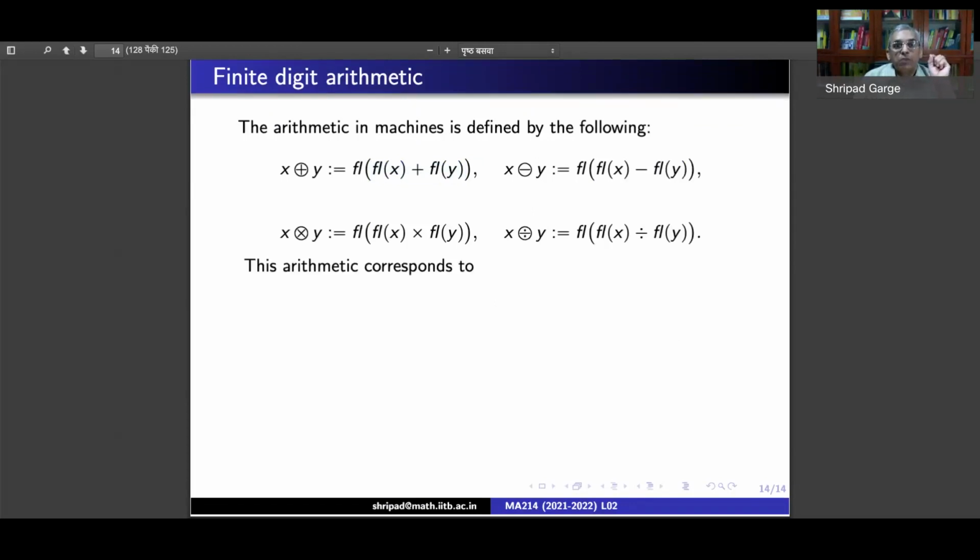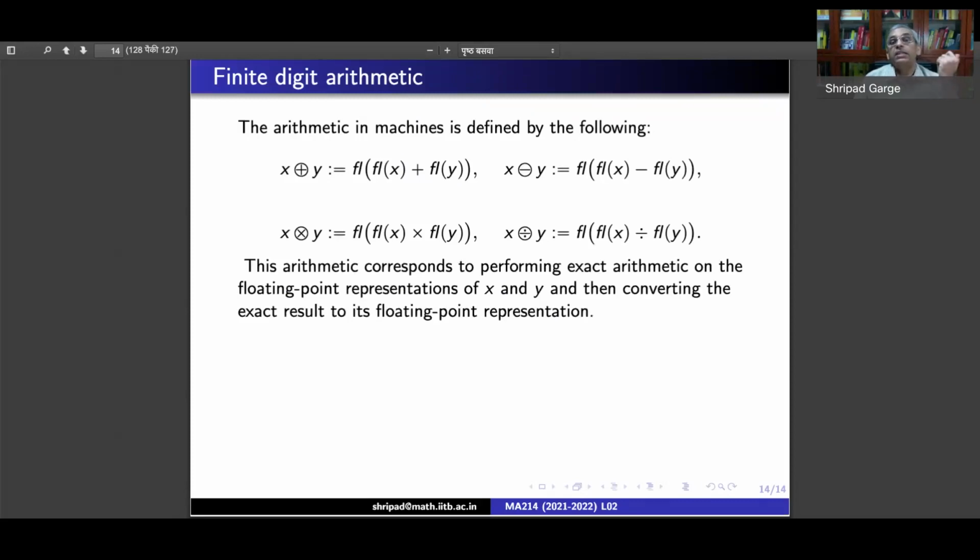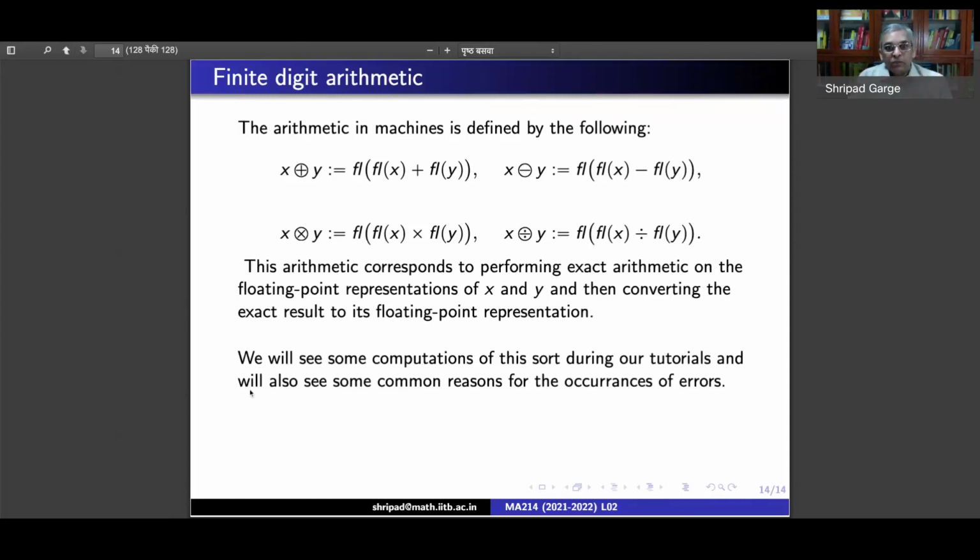So what this arithmetic does is that it corresponds to performing exact arithmetic on the floating point representations of x and y, and then it converts the exact result to its floating point representation. We will of course do some problems of this sort in our tutorials, and we will also see some common reasons why errors occur and if there is a way to tackle those errors. So this is where we are going to stop our second lecture.